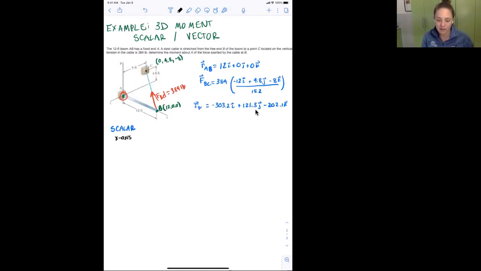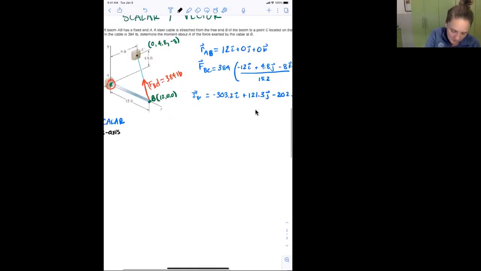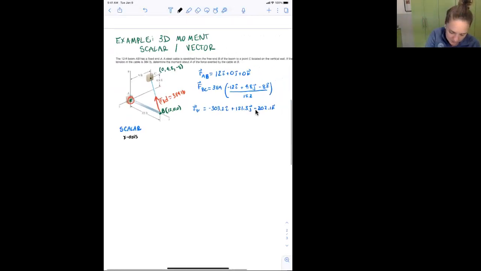So x-axis, let's smash that x-axis. This one might be easy to visualize because I'm smushing against the rod. I'm taking the rod and smashing it right up to the wall. What I'm left with is a set of axes that looks like this, y and z. X would be coming out towards you.